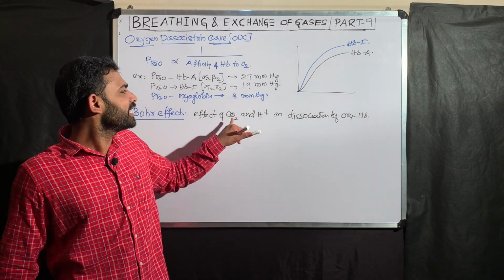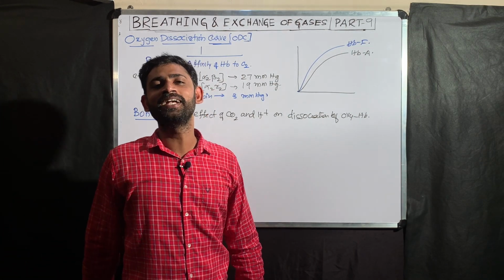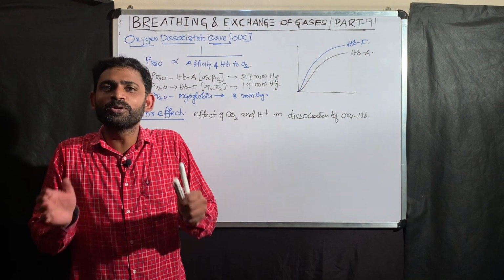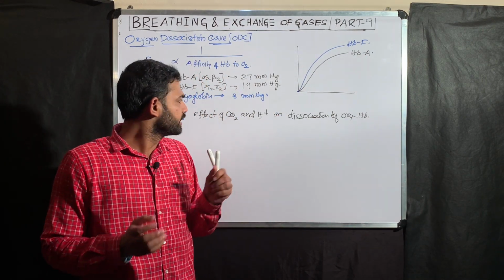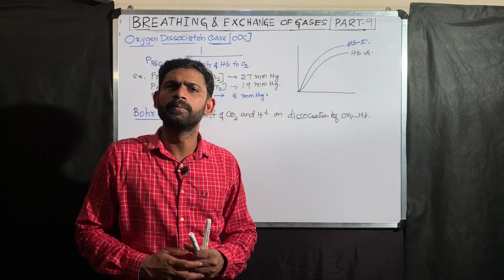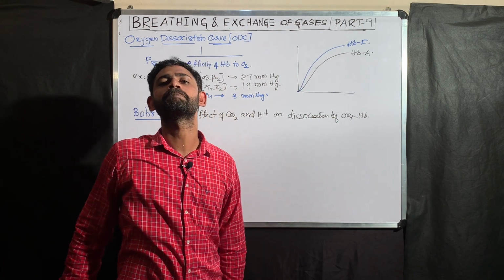So these CO2 and H plus ions become more in the blood. They go and bind with oxyhemoglobin, forcing the hemoglobin to dissociate from the oxygen.